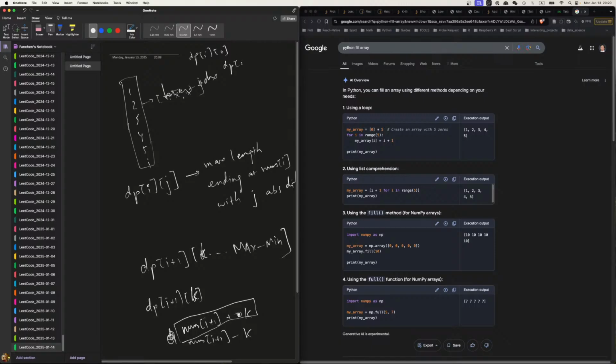And now we have dpi1, the difference is 1, which is basically here, if the previous difference is 0, what's the largest? If the difference is 1, what's the largest? Right?